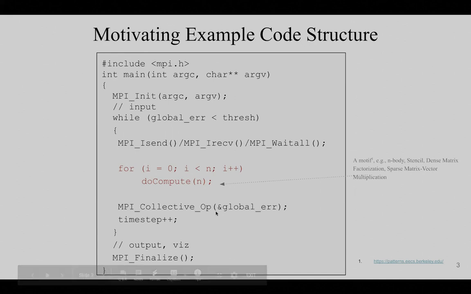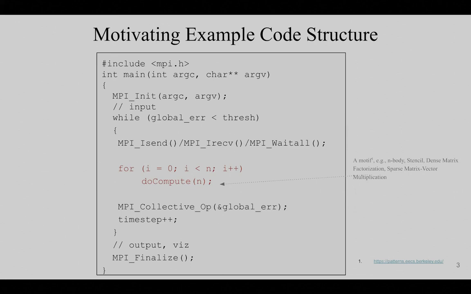Often there are many interleavings of these types of compute-communicate patterns in a real application. So to ensure that the application's performance is good at scale, this red inner loop needs to be particularly well performing.